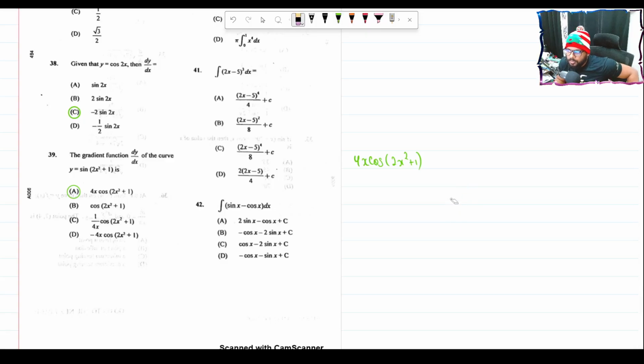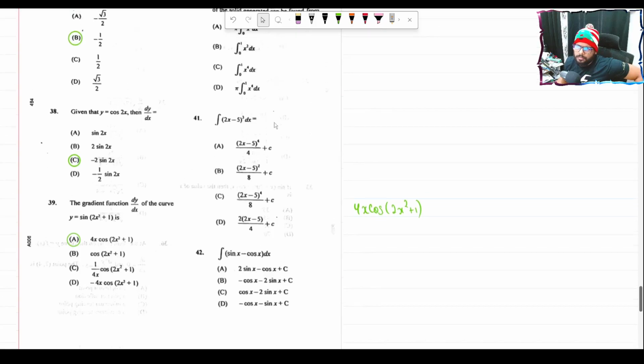So if y is equal to sine of some function of x, it could be x, it could be 2x squared plus 1, then dy dx is cosine of f of x, multiplied by the differential of the angle. Similarly, if I differentiate cosine, it changes to negative sine, but I still have to multiply by the differential of the angle. Pause it and write that down.